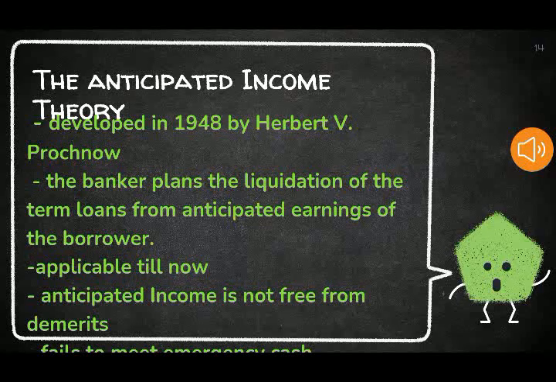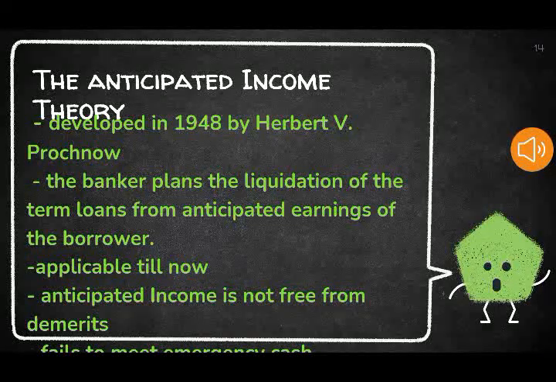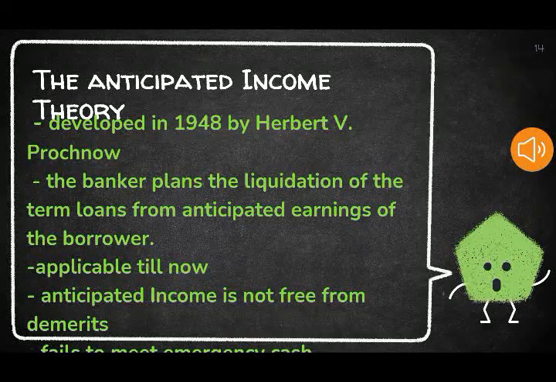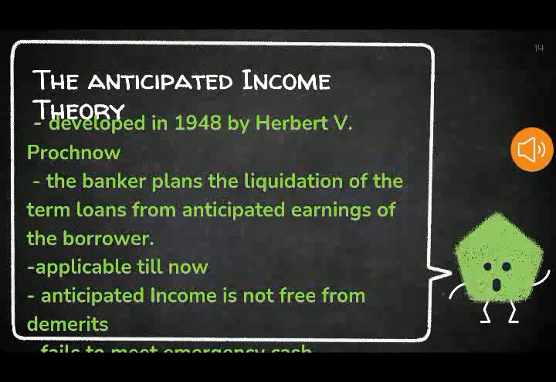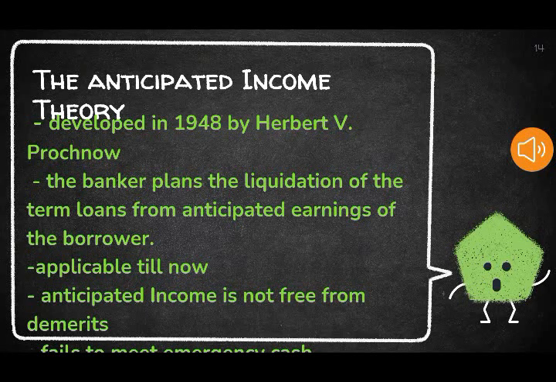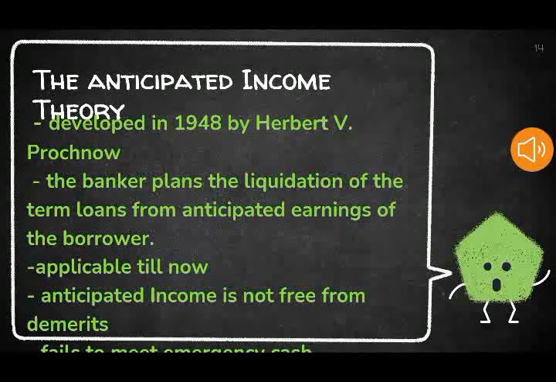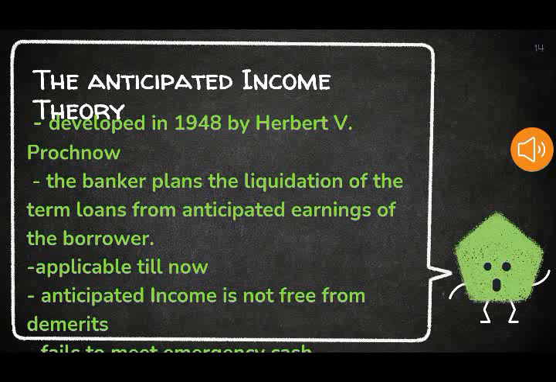The theory dominates the commercial loan theory and the shiftability theory as it satisfies the three major objectives: liquidity, safety, and profitability. It satisfies liquidity because the borrower saves and repays the loan regularly after a certain period of time in installments. And it fulfills the safety principle as the bank relies on good security as well as the ability of the borrower to repay the loan.